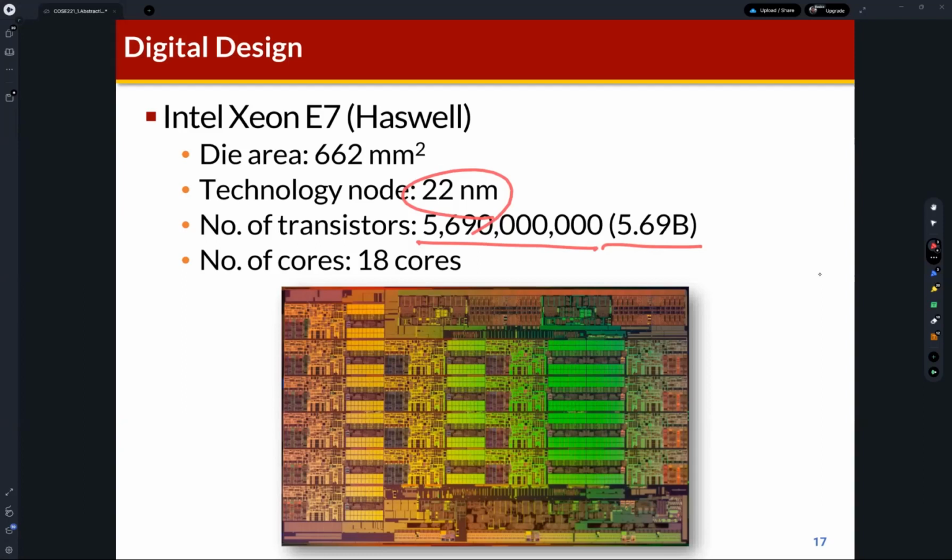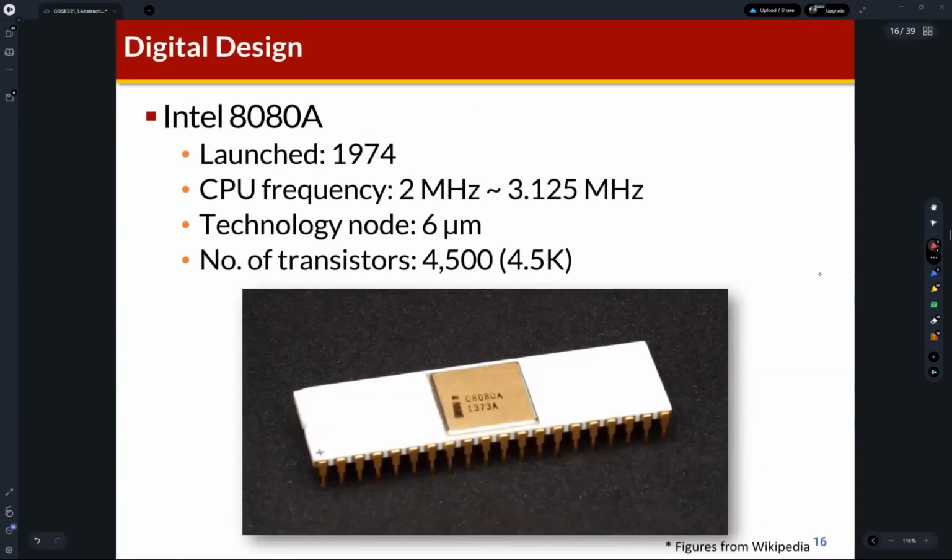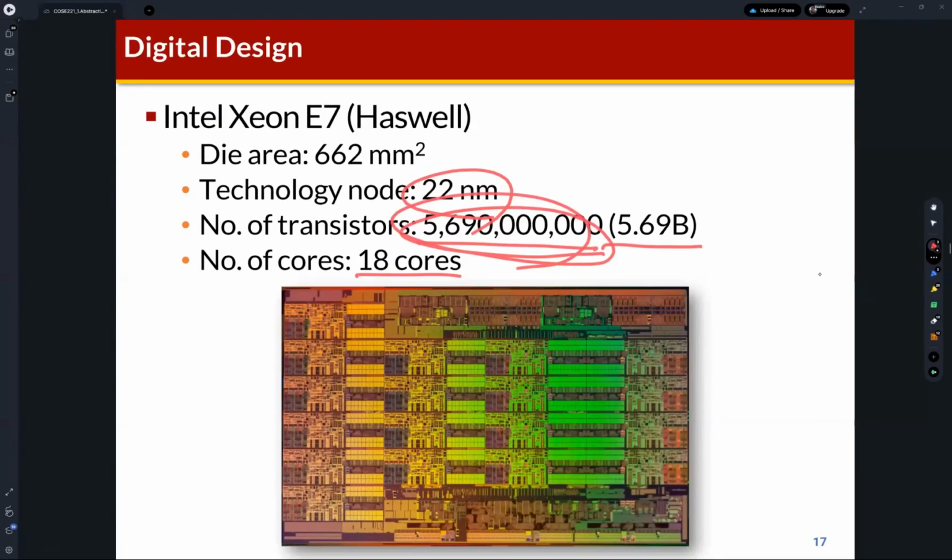The billion is 10억 in Korean, right? Then the number of cores is 18 cores because this is the server architecture. We can just compare the number of transistors between the old generation CPU and the modern generation CPU: 4.5K versus 5.7 billion.